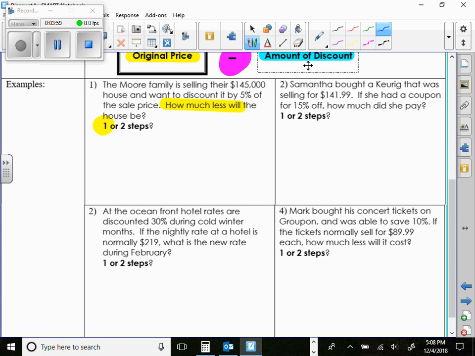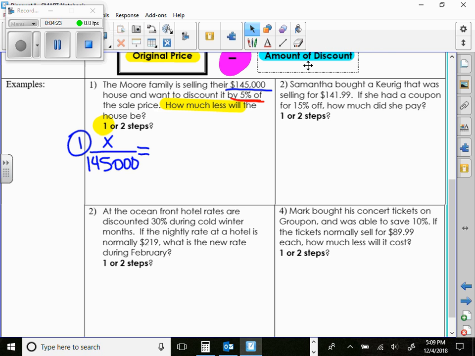For one-step problems, the only thing I need to do is complete my percent proportion. X will represent the part that we're looking for, part of the original price, which was $145,000. Equal, and then the second ratio, I need to identify my discount rate, which is 5%, and put it over 100. To solve a proportion, I have to cross multiply and divide by 100.